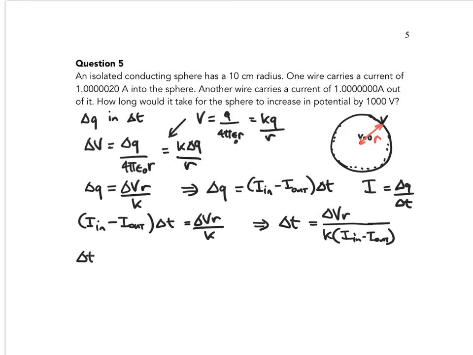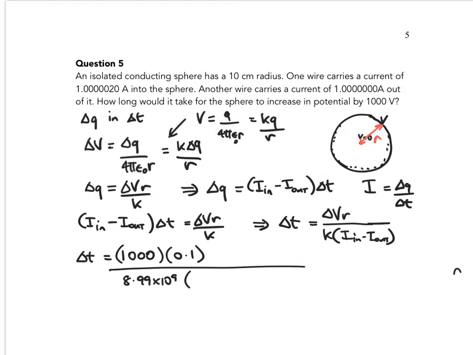So therefore delta T, which is what we're looking for, how long does this take to charge up to this potential? Well, we have delta V on top, so 1,000. We have R, which is 0.1 meters. And on the bottom, we have K, 8.99 by 10 to the 9, and then we have the difference, 1.00002 minus 1, basically.